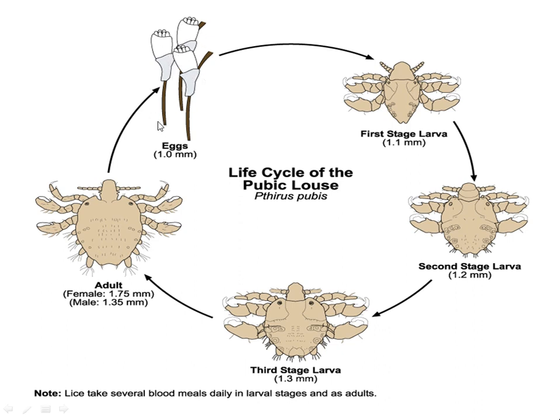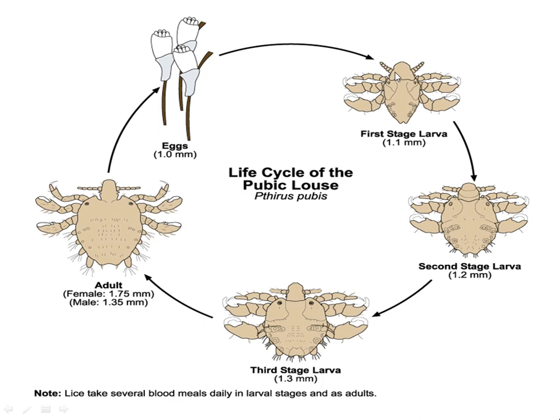The eggs measure about 1 millimeter in length, and the egg hatches out the larva, and these larvae have to pass through 3 stages: the first stage, second stage, and third stage larva. First stage larva measures about 1.1 millimeters in length, second 1.2 millimeters, and third 1.3 millimeters in length.